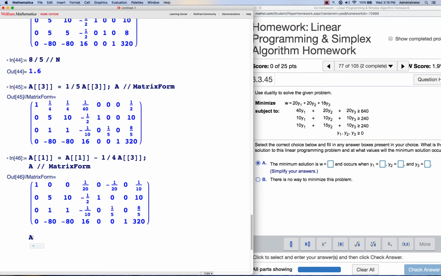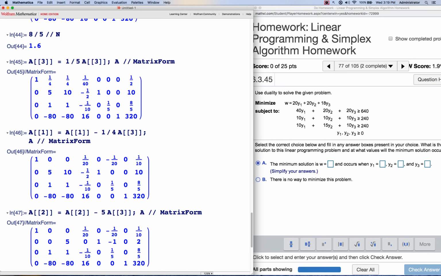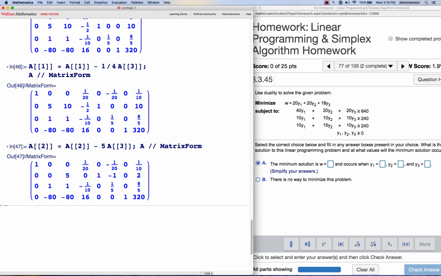Okay, and the new second row is equal to the old second row minus 5 times the third row. And then the fourth row is equal to the fourth row plus 80 times the third row.